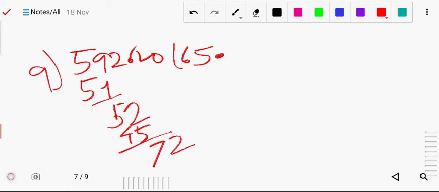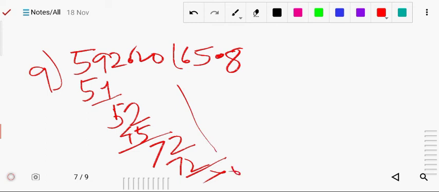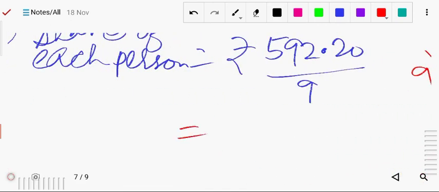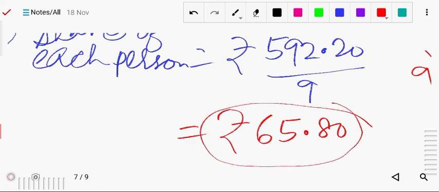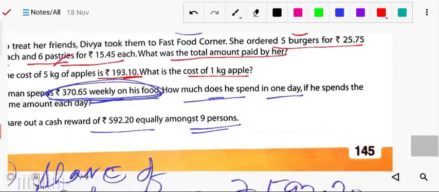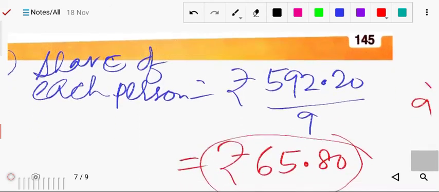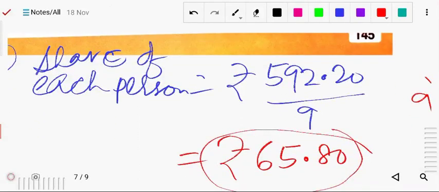Here will be 2, so 8 times, 72. Okay, now 0 is coming. Now we can't divide, so put 0. So 65.80. So you can write here simply rupees 65.80 is your answer. It means each person will get 65.80. Okay, so you have to divide by 9 and you will get 65.80.